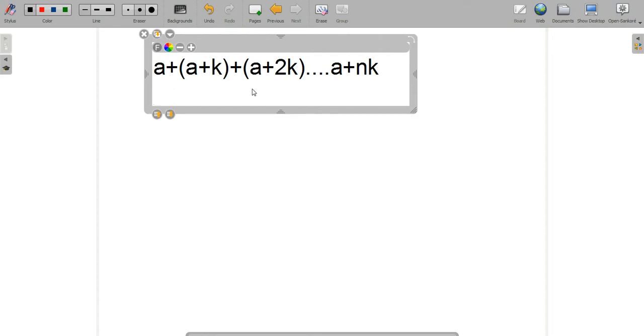So first, A is always 1, right? So there's gonna be how many A's? Hopefully you can figure this out. N plus 1 A's. Okay, so we figured that out. And let's see.